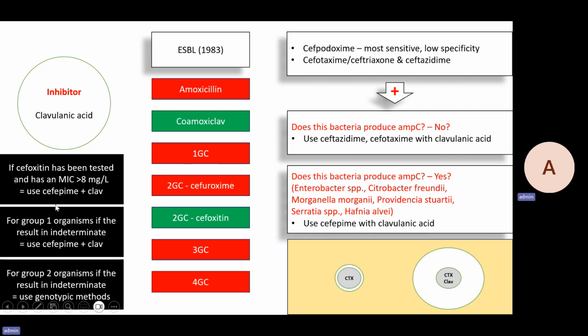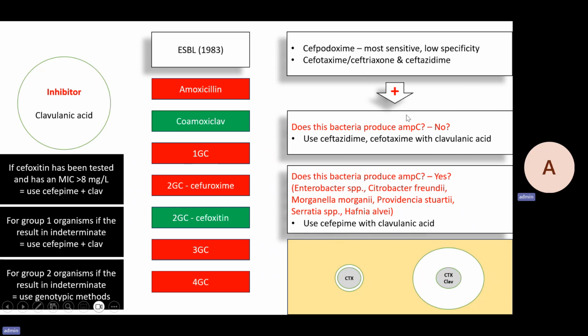Now, a few more things to remember. By any chance, if while you are doing screening or initial testing you have tested cefoxitin and found that it is resistant, then do not try to test with third generation cephalosporin because an AmpC might be hiding there. In this case, you go for testing with cefepime. If you find already that cefoxitin is resistant, go for cefepime clavulanic acid.